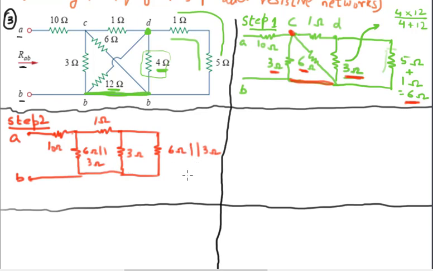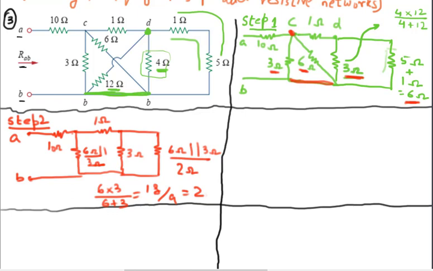What is 6 ohm parallel 3 ohm? Let's find that out. 6 into 3 over 6 plus 3, and that comes out to be 18 over 9, which is 2 ohms. So this one is 2 ohms, and similarly this one here is also 2 ohms.